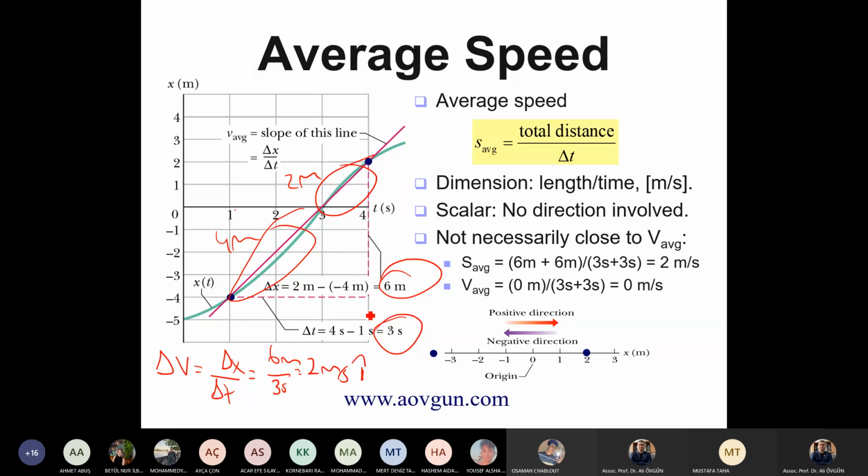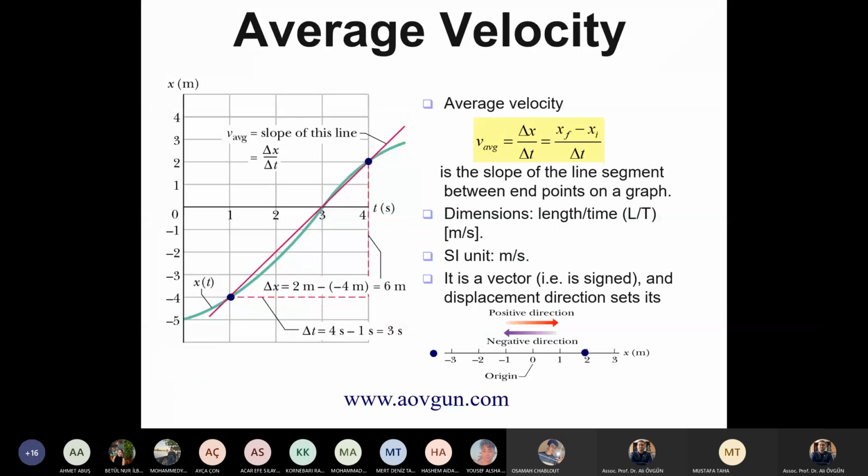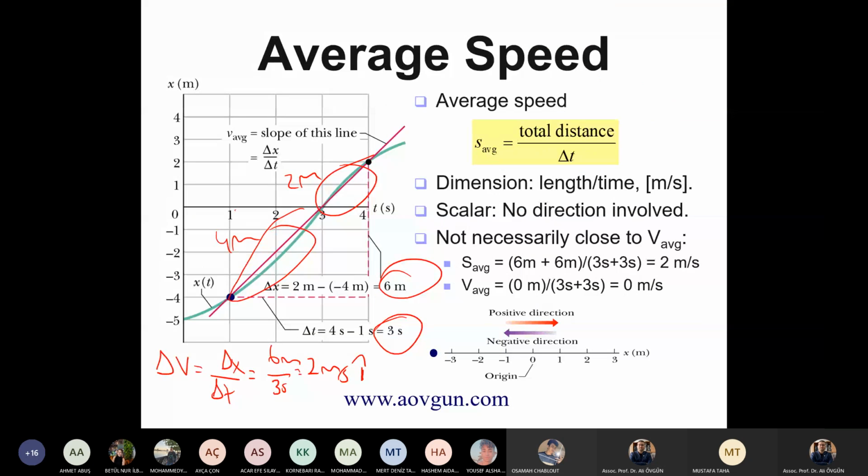But for the right side, for this one, its initial position is, which one is initial? One minute. Okay, for this one, it is not easy to see here. But if you move 6 meter, 3 and -3, the total distance is 6 meter.